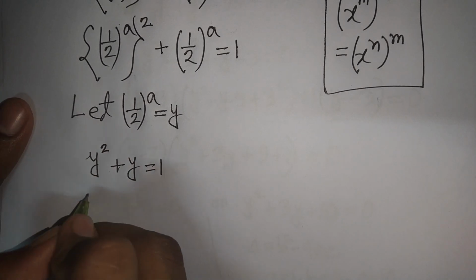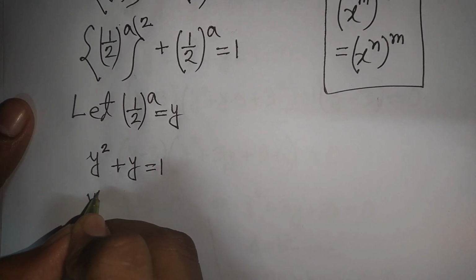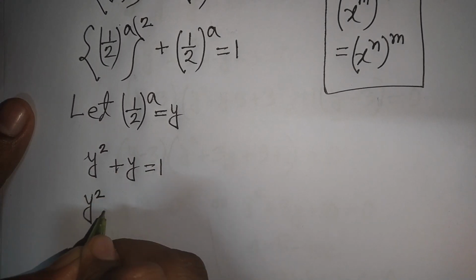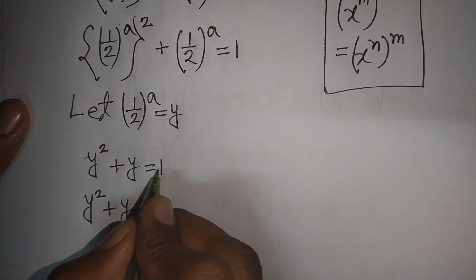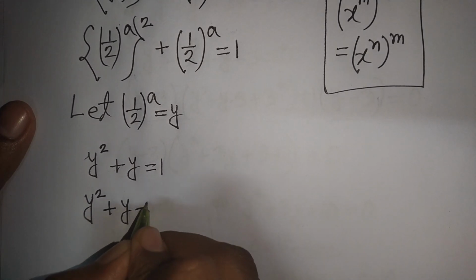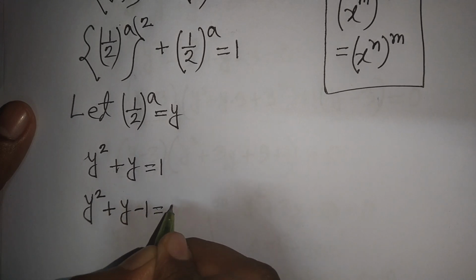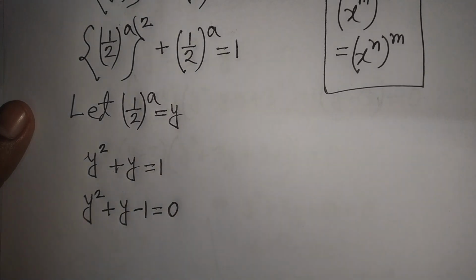Now we can write here y square plus y, then this plus 1 taken to the left side will be minus 1, is equal to 0.